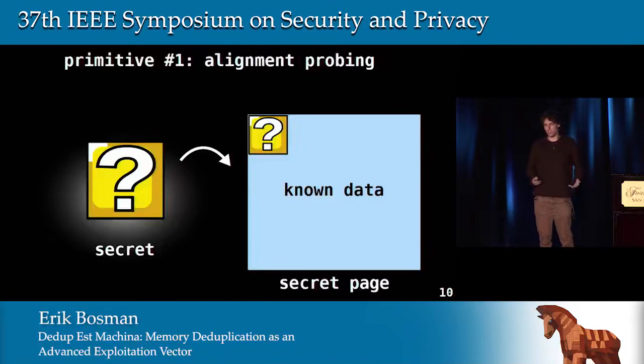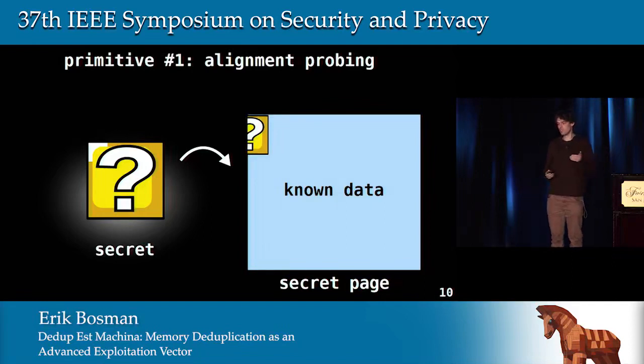So to solve this, in the paper we have three primitives which will help us with finding out the secret nonetheless. One is that we control the alignment of the secret, where we only have part of the secret in a page, such that we can leak the information in two or more steps.